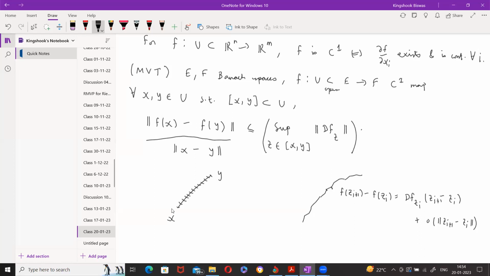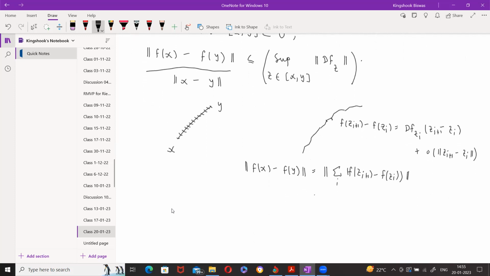And so when I add these up, what I'll get is that the norm of f(x) minus f(y) is equal to the norm of the sum. So the total change in f from x to y is the sum of the small changes in f from z_i to z_{i+1}.